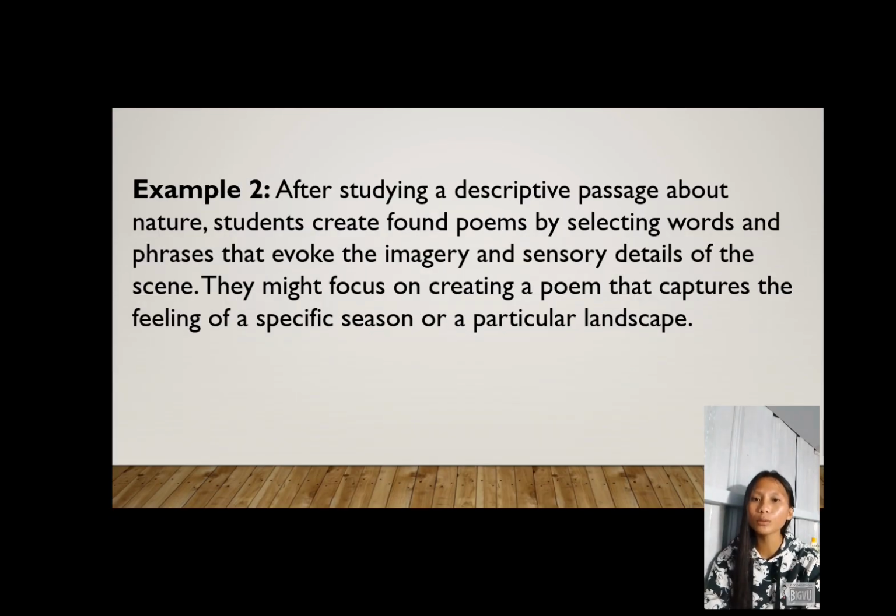For example, number 2, after studying a descriptive passage about nature, students create found poems by selecting words and phrases that evoke the imagery and sensory details of the scene. They might focus on creating a poem that captures the feeling of a specific season or a particular landscape.